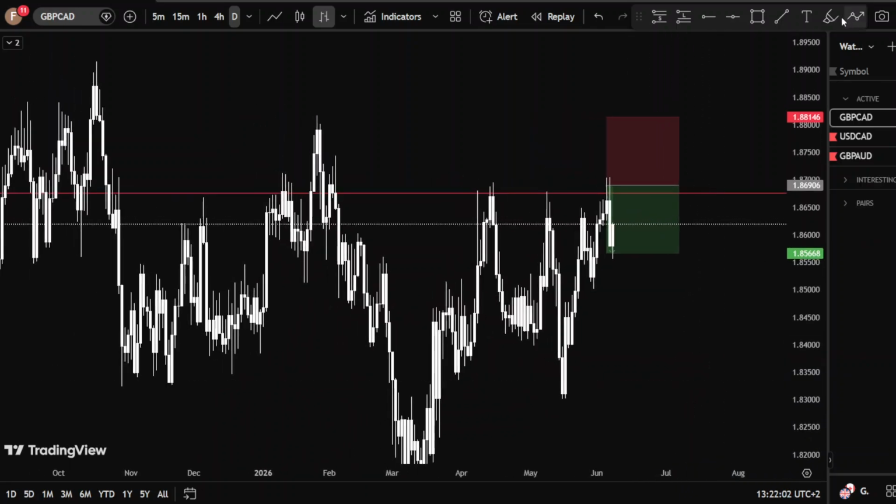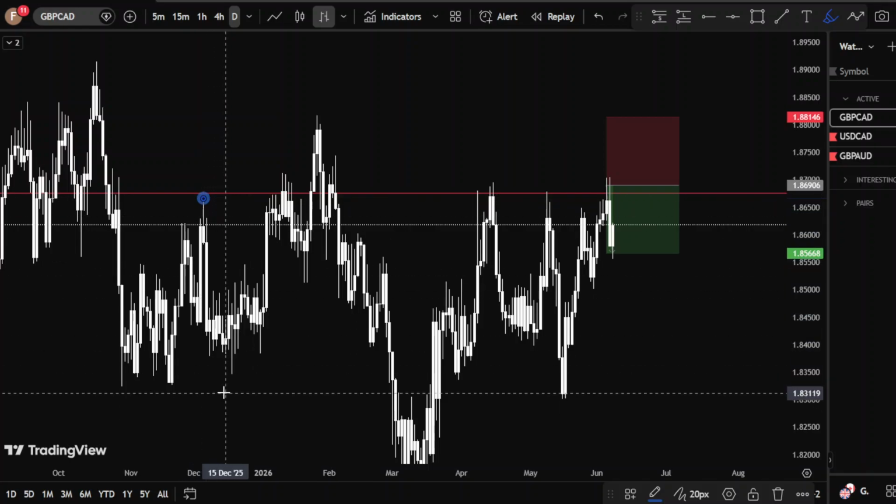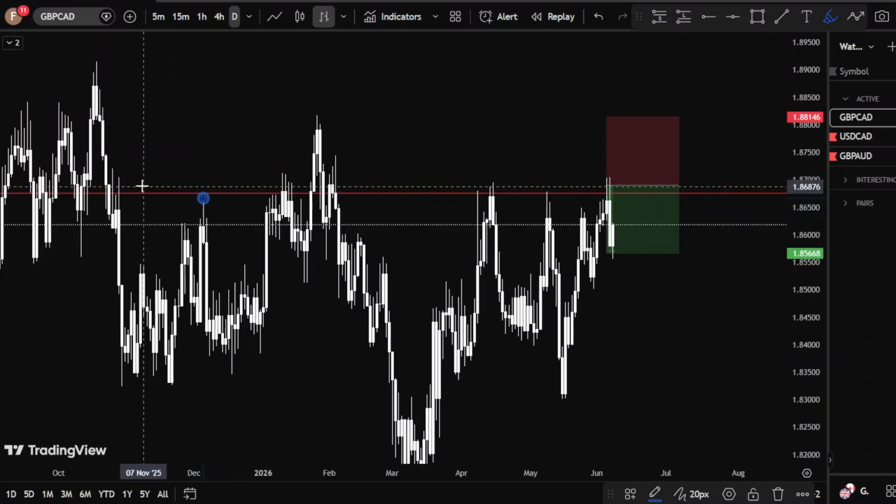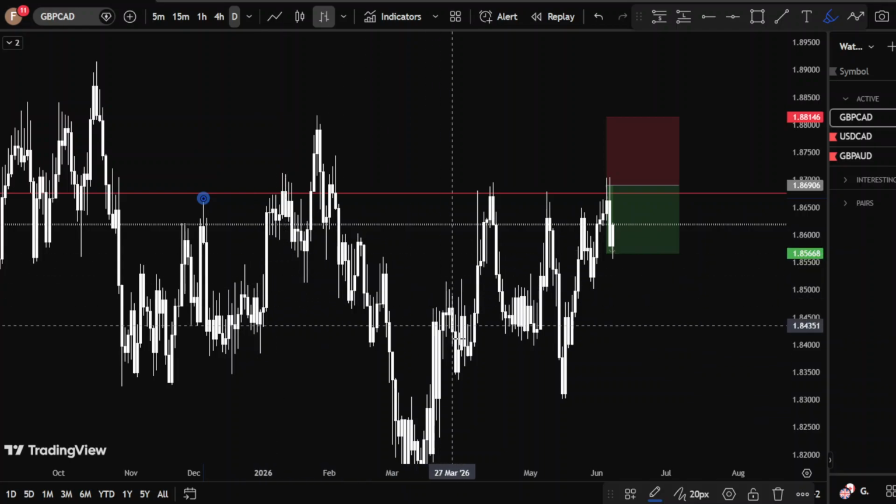So the reason I took the trade was because price came into this zone, the red line I put there. The reason I put the red line was because of this. Price came up here and it started to bounce down from this area, this zone, or this line I put here.